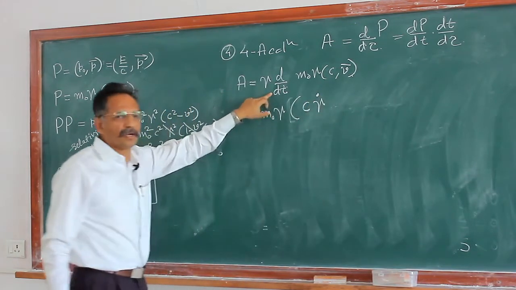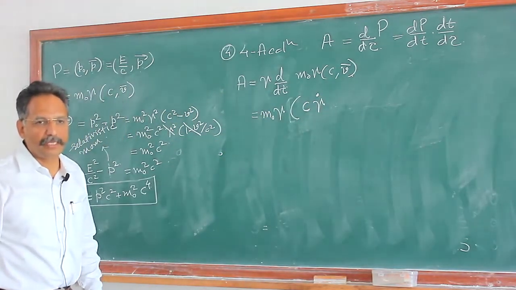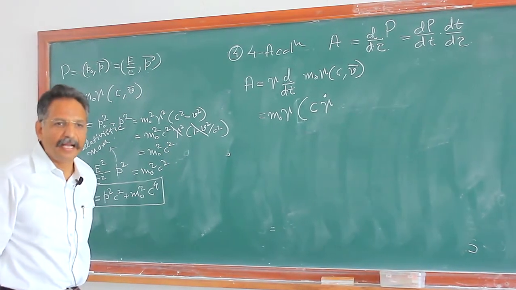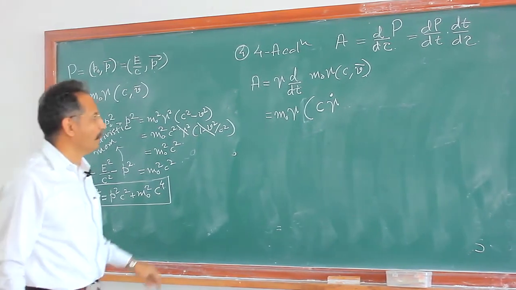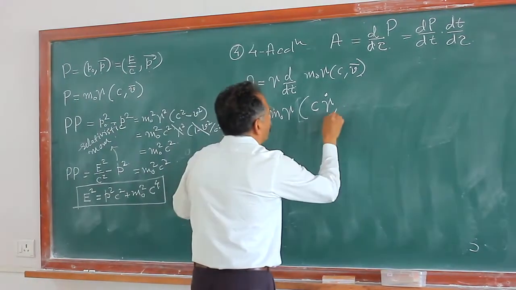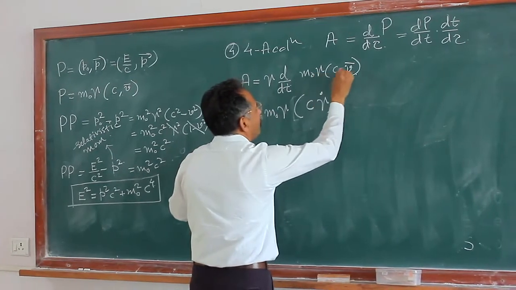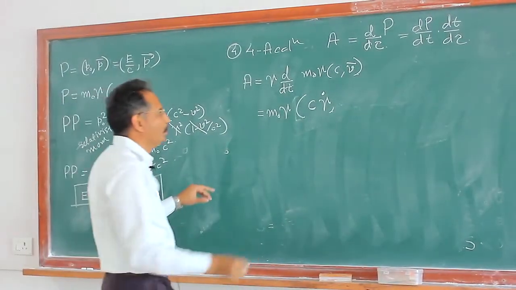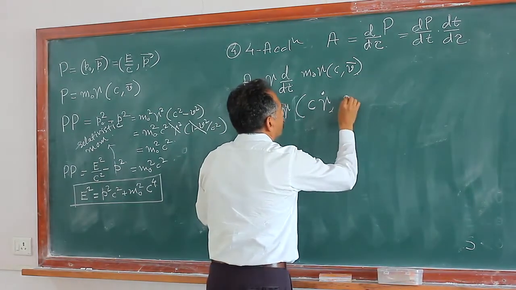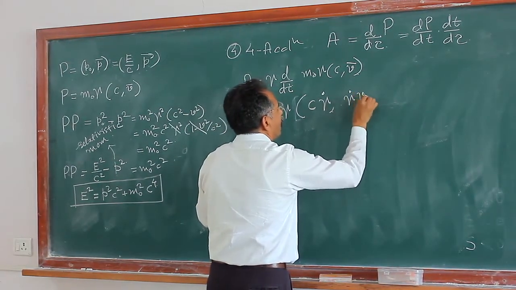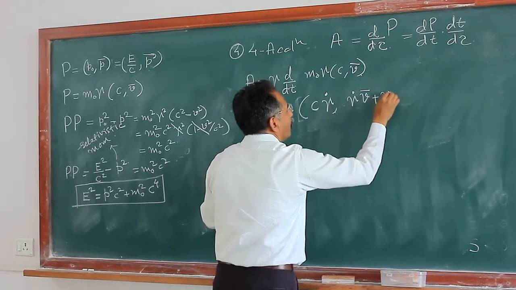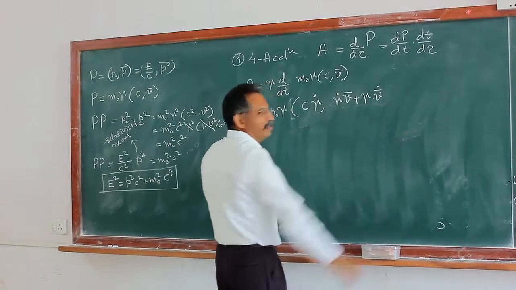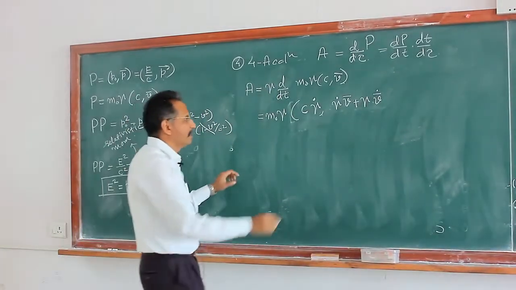The meaning of gamma dot is d gamma by dt. When a physicist is putting a dot on a letter, it means it is a time derivative. Now, comma, then we have gamma into v bar, and we have to find derivative of that. Again, you have to use chain rule, and that gives us gamma dot v bar plus gamma into v bar dot. So v bar dot means acceleration, your normal acceleration.